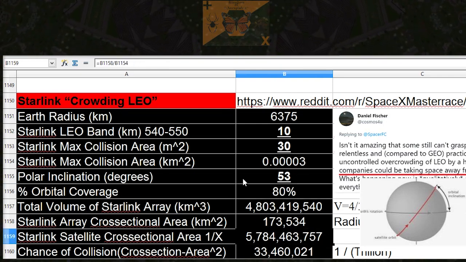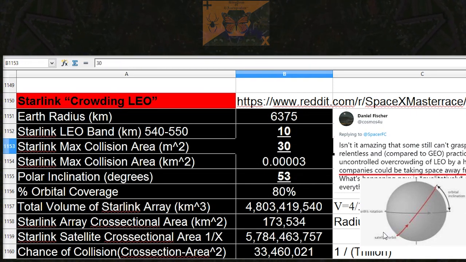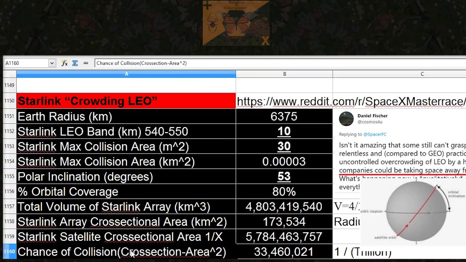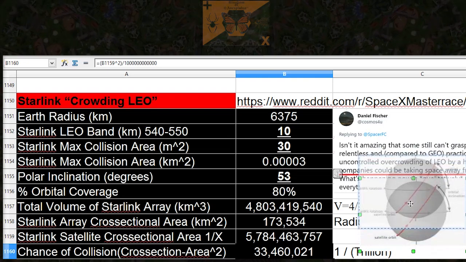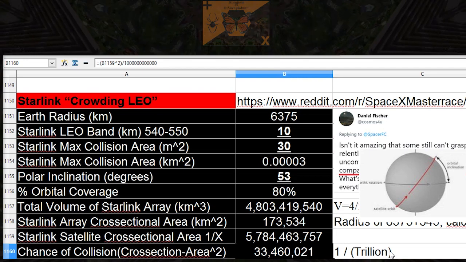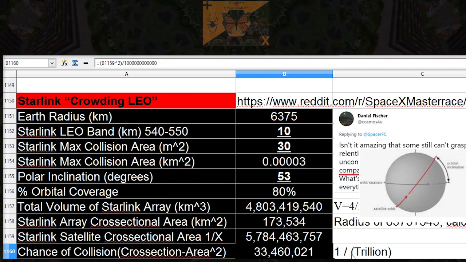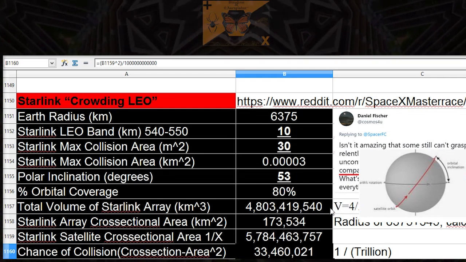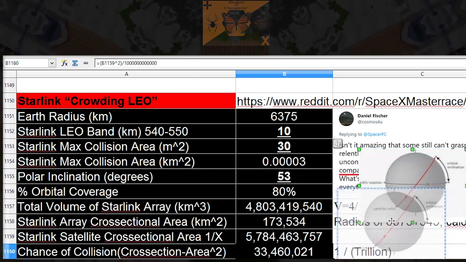In order to have a collision, 2 Starlink satellites need to be in that exact 3-dimensional space at the exact same time. So for the probability of that happening randomly at the same time in the same place, you have to square them for our chance of collision, which works out to be 33 million trillion. 1/33 million trillion is the chance of 2 Starlink satellites randomly running into each other in low Earth orbit.